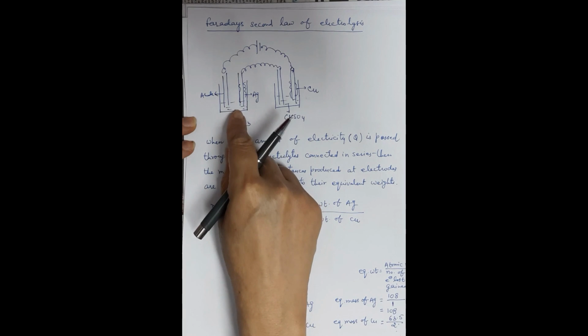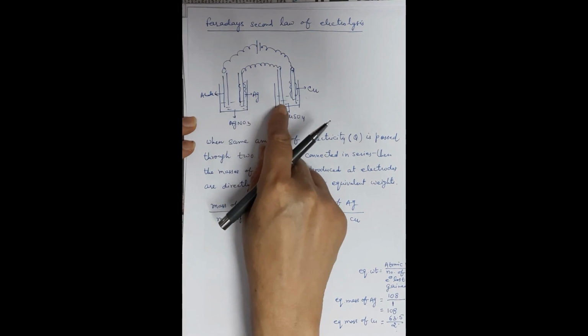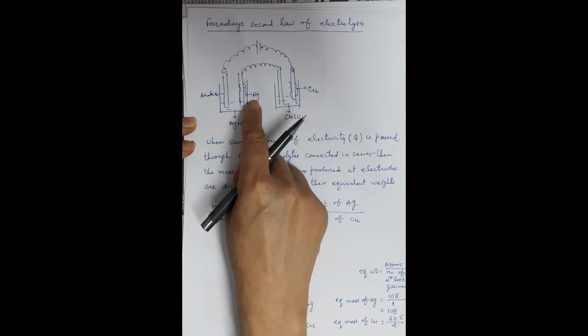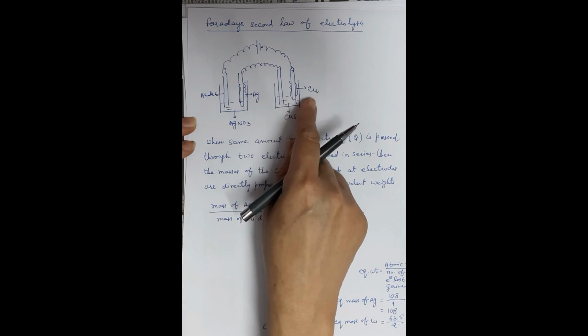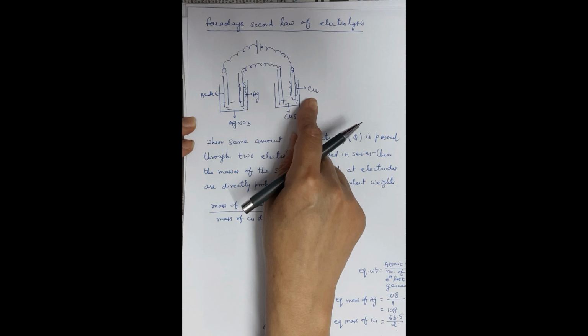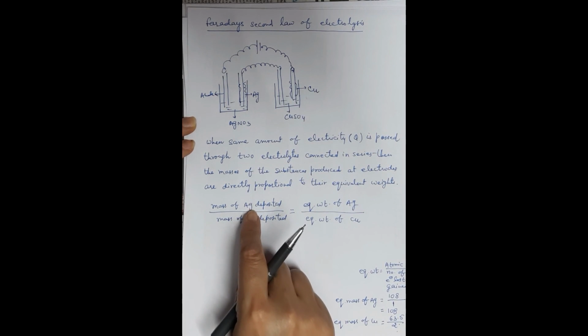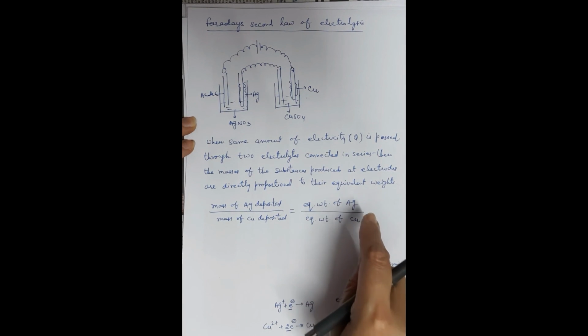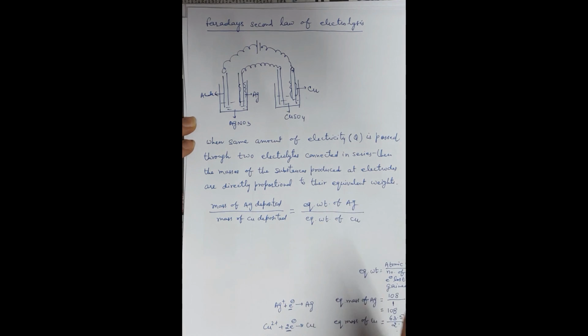The second law of Faraday says that even if the same amount of charge is passed through 2 or more electrolytes, different masses of metals are deposited at the respective electrodes, and the mass deposited is directly proportional to the equivalent weight of that metal. What is equivalent weight? It is the atomic mass divided by the number of electrons lost or gained during this process.